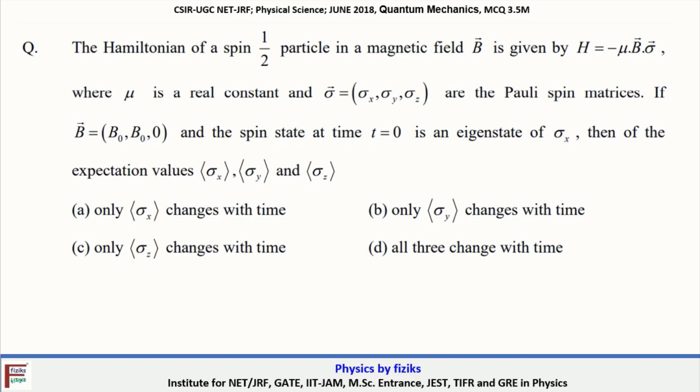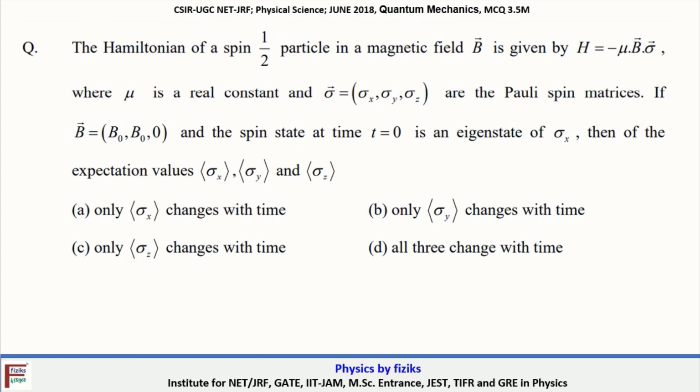The Hamiltonian of a spin half particle in a magnetic field is given by H equals minus mu B dot sigma, where mu is a real constant. Sigma is defined in terms of Pauli matrices sigma x, sigma y, sigma z.